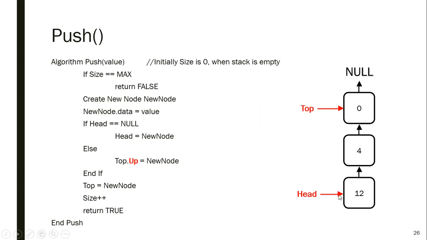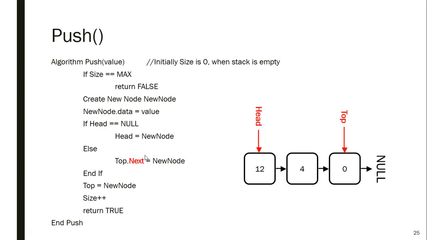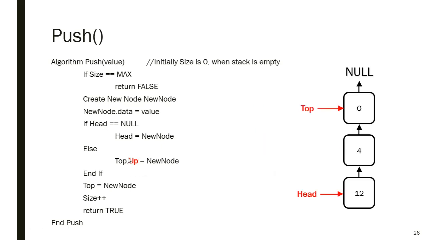But you see, head dot next is pointing towards the value that is now considered to be at the top of it, meaning it is the upward position, not the next position. So it doesn't matter whether you use the word next or top or up or forward. It is just your own programming practice. I consider that whenever the list is in horizontal fashion, next pointer will be the most appropriate name, and whenever I am implementing it in a vertical fashion, up will be the most appropriate name. So it doesn't make any difference here.